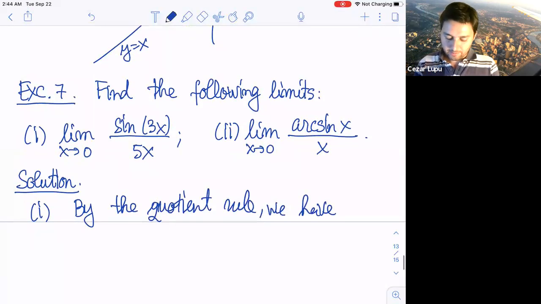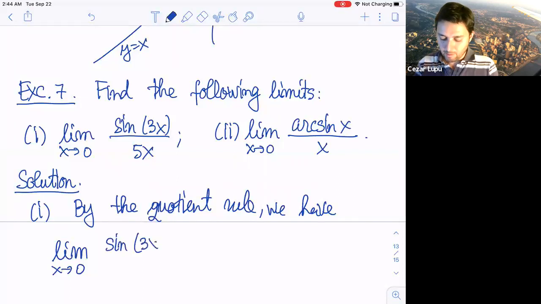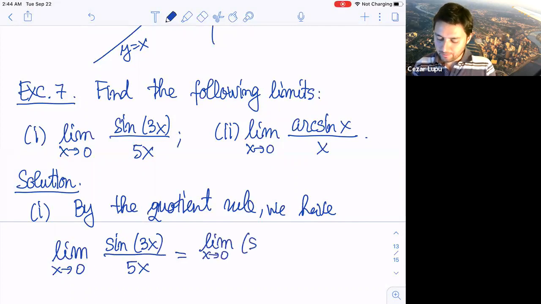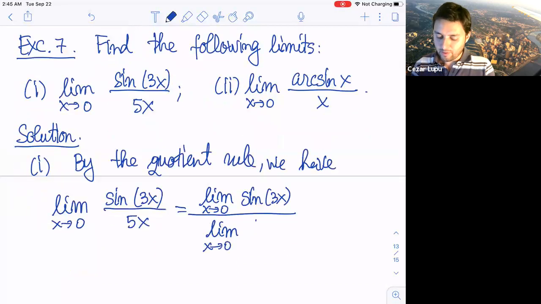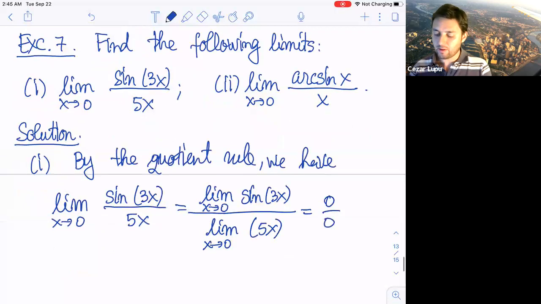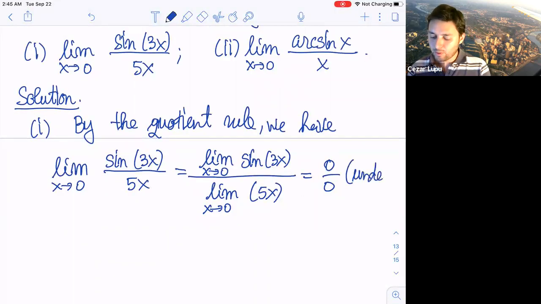We have that the limit as x approaches 0 of sine of 3x over 5x will be the limit as x approaches 0 of sine of 3x, everything over the limit as x approaches 0 of 5x. Well, if we plug in, sine of 0 will be 0, so this will be 0 over 0. Again, it's undefined. So we don't want that. So we need to do something.